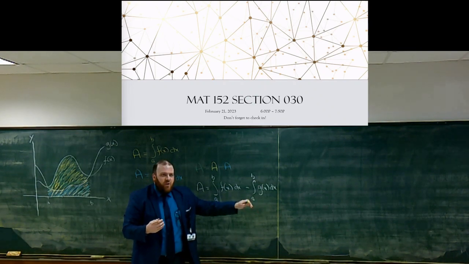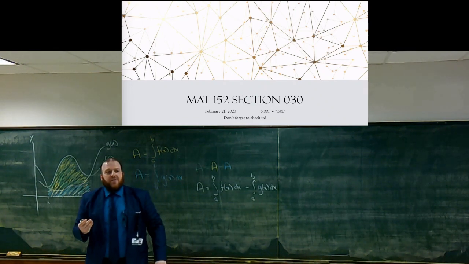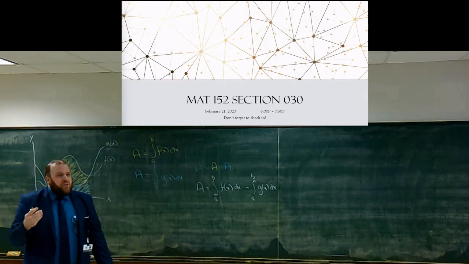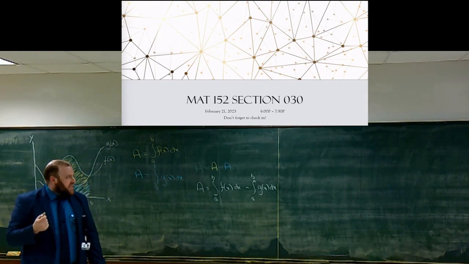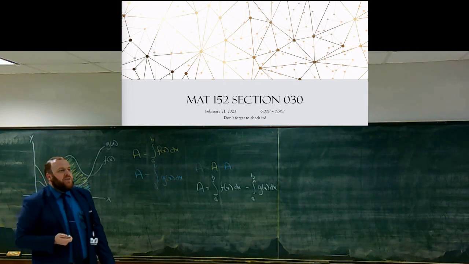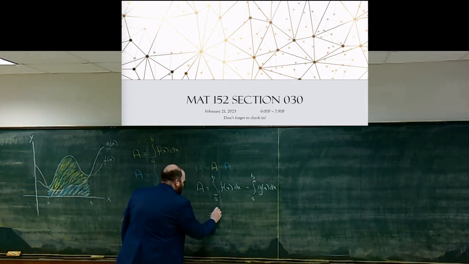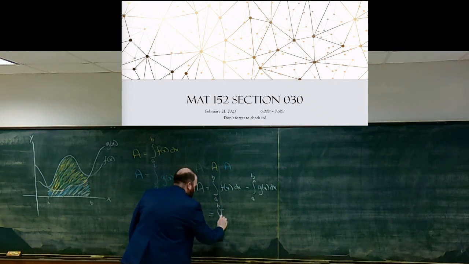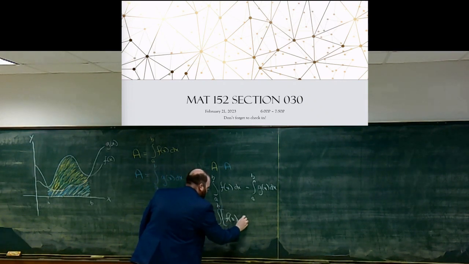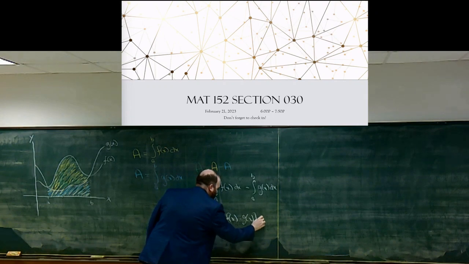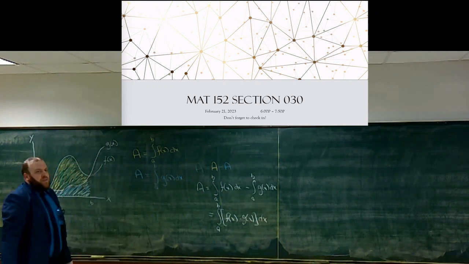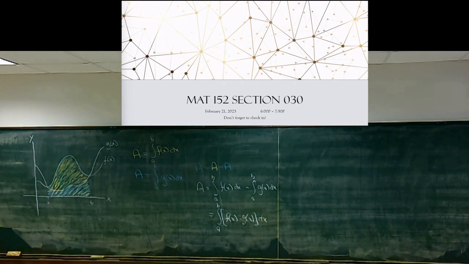Integration is what we call linear. It's a linear operator. So it satisfies the linearity properties. So you can write that as a single integral. Integral from a to b of f of x minus g of x dx. Again, larger function minus smaller function on the interval.